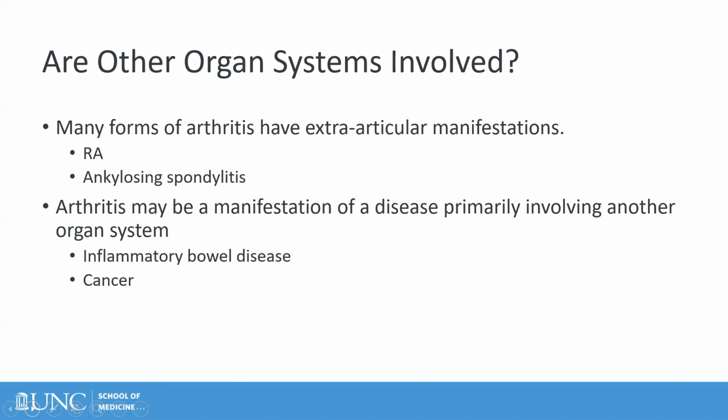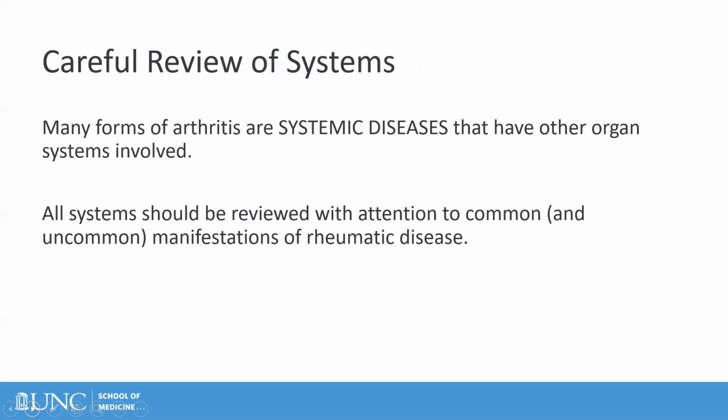Rheumatoid arthritis and ankylosing spondylitis both classically have extra-articular features, and patients who present with inflammatory bowel disease or cancer may have articular manifestations. So a very careful review of systems is very important.